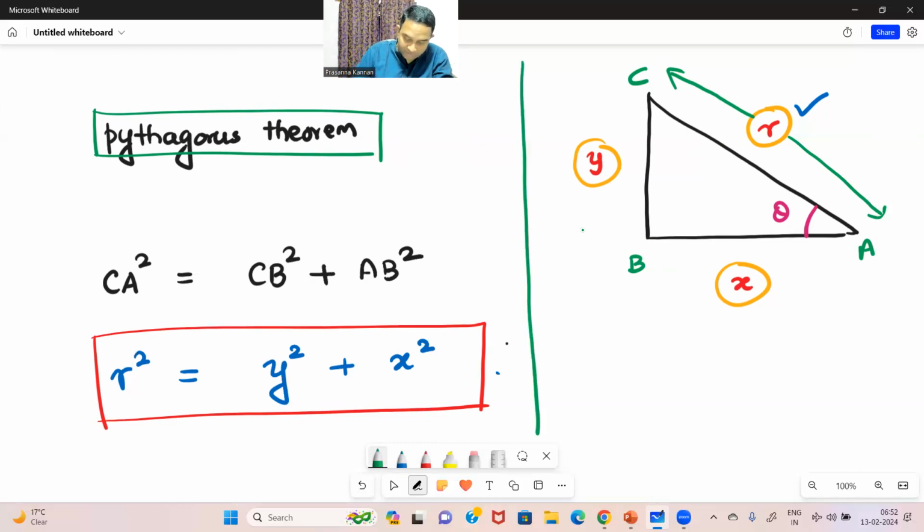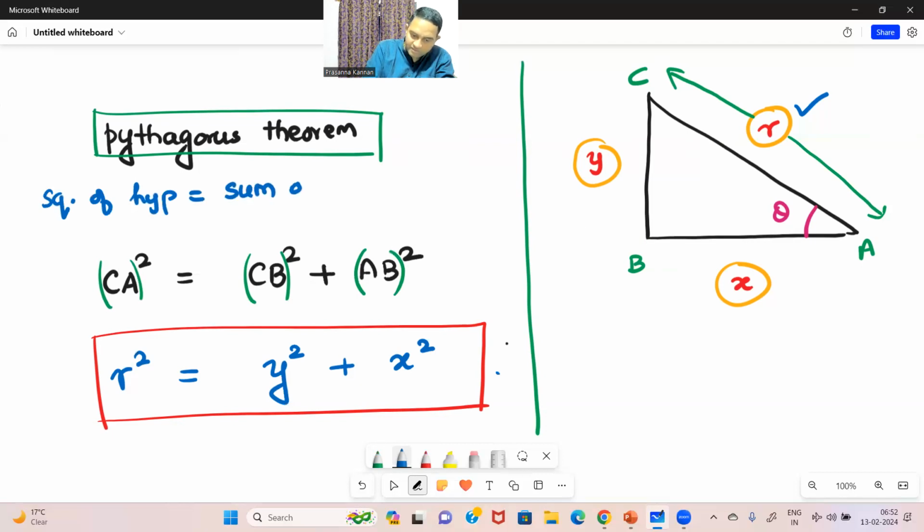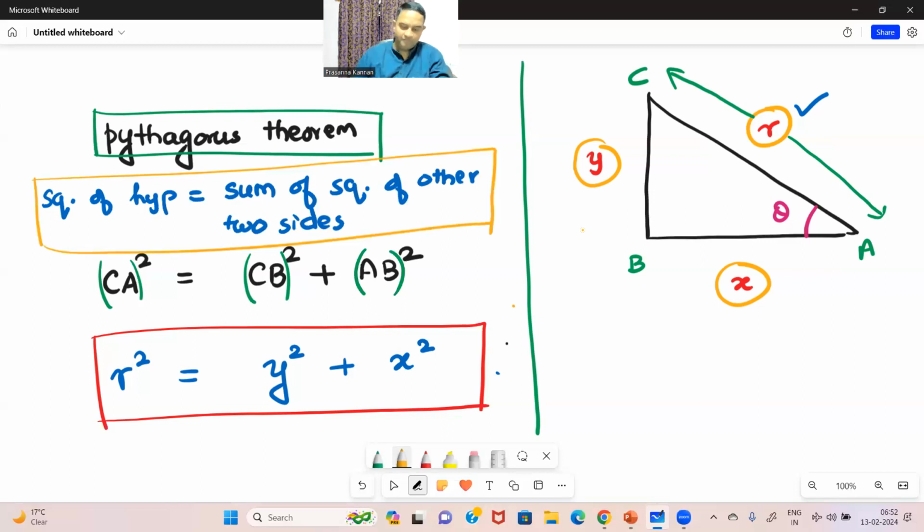Because according to the formula, CA square is equal to CB square plus AB square. The definition says square of the hypotenuse is equal to the sum of squares of the other two sides. Did you understand now why square is coming? Yes, uncle. Because CA is r, CB is y, and AB is x. Any doubts in this?